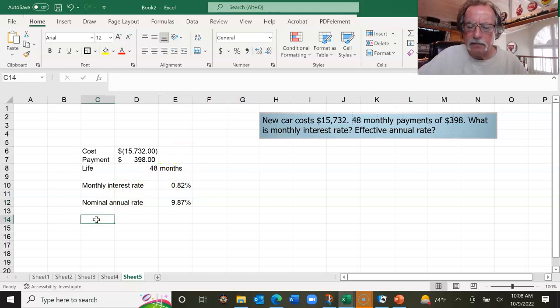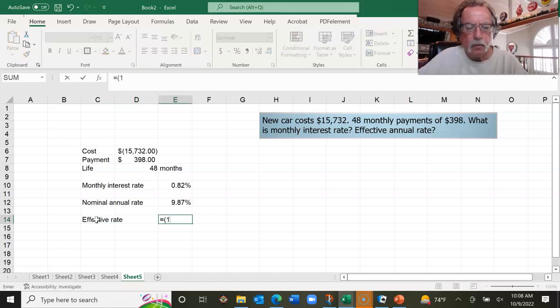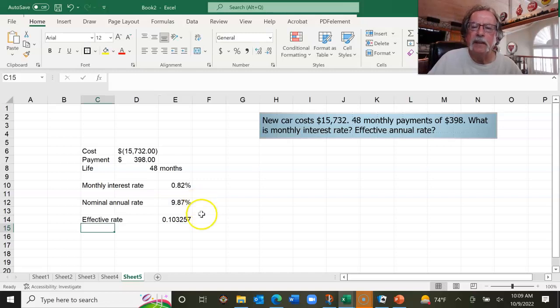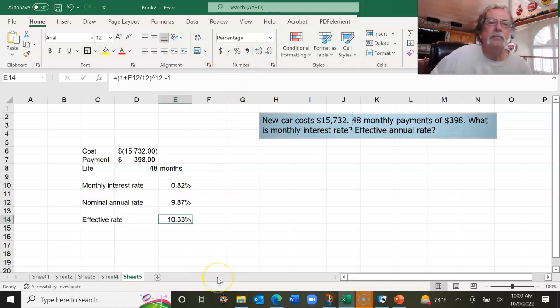Our effective annual interest rate, and this is 1 plus your nominal rate divided by 12 to the 12th minus 1, 10.32%. Well, I sure hope I did that right.